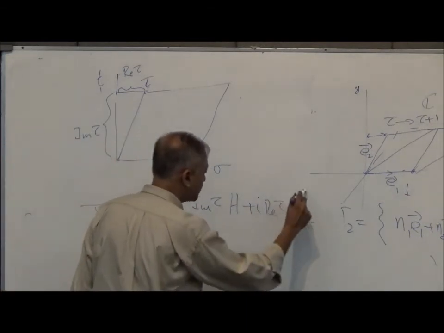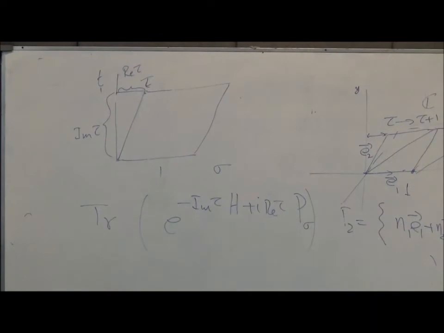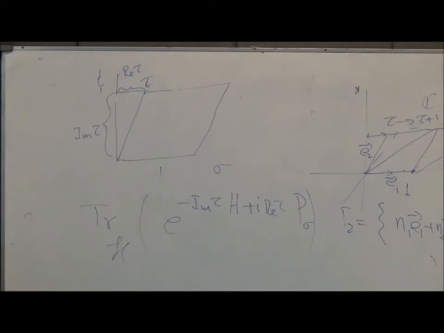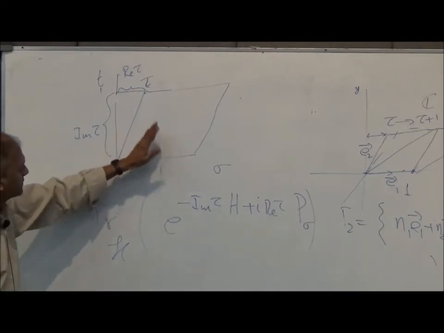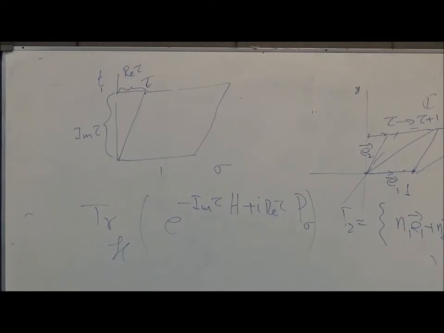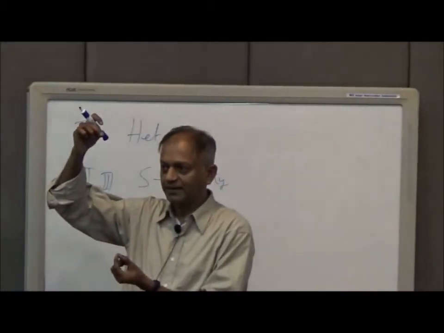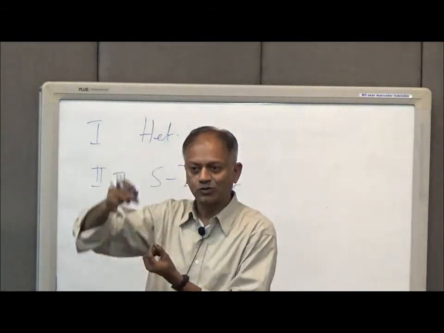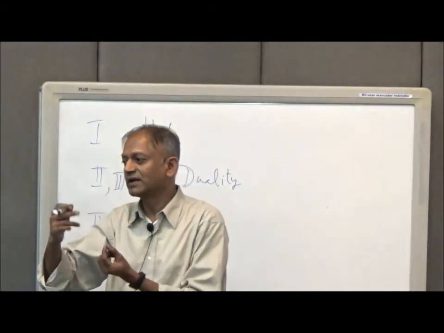So I have to take this operator and take the trace over the entire Hilbert space of your theory. And this is what you will do. In the ordinary particle theory, we don't have the sigma direction. One loop can be written in Schwinger language, the Schwinger parameterization of the one loop diagram. You start from a particular time, you go up to some final time, and then you take the trace over the Hilbert space. And then I have to integrate over this time. This is the Schwinger time.